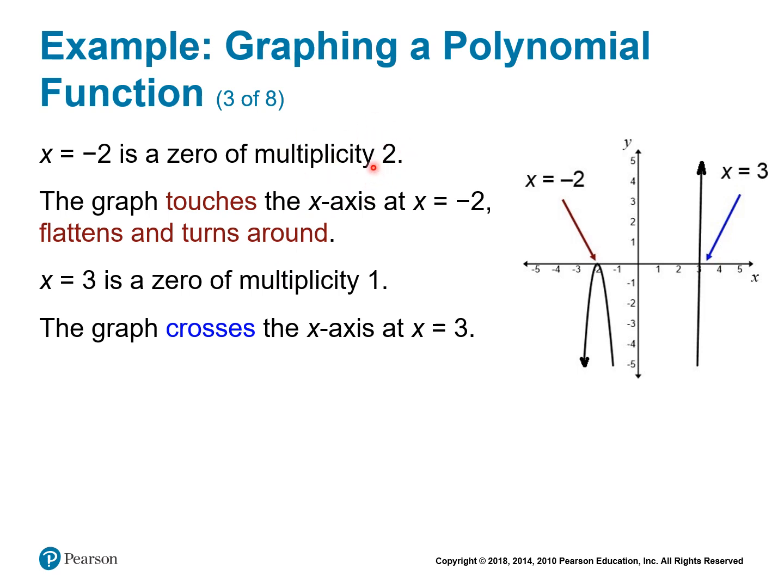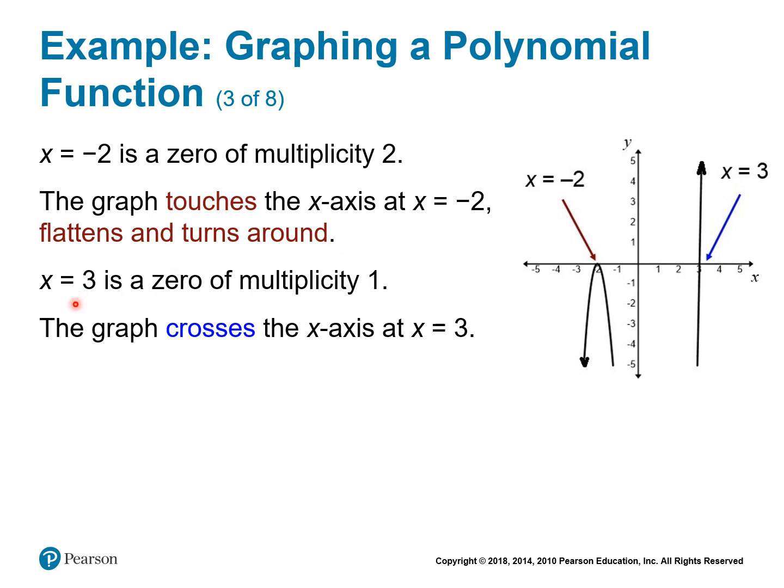information about the multiplicity. So x equals -2 is the zero of multiplicity 2. That means it's going to touch the graph at -2, and because the multiplicity is even, it's going to change direction and go in the opposite direction. So the graph touches the x-axis at x equals -2, flattens and turns around.